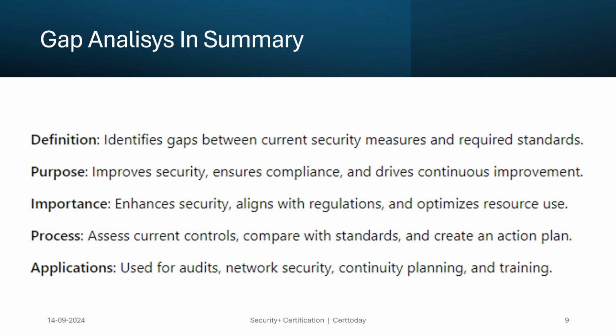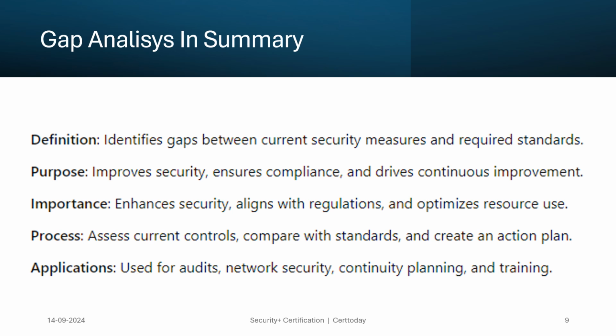In summary, gap analysis identifies gaps between current security measures and required standards. It improves security, ensures compliance, and drives continuous improvement. It enhances security, aligns with regulations, and optimizes resource use. The process includes assessing current controls, comparing with the standards, and creating an action plan.